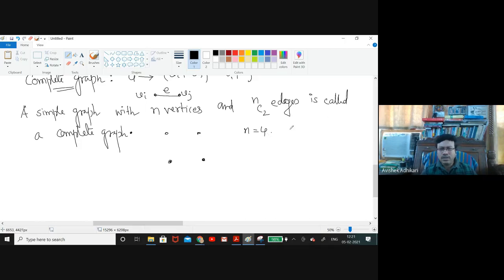So the number of ways is n choose two. For example, how many edges do you have? 1, 2, 3, 4, 5, and 6. And 4 choose 2 is 6. Okay. Any other proof? He has given one proof. Very good. Any other proof that you can have?